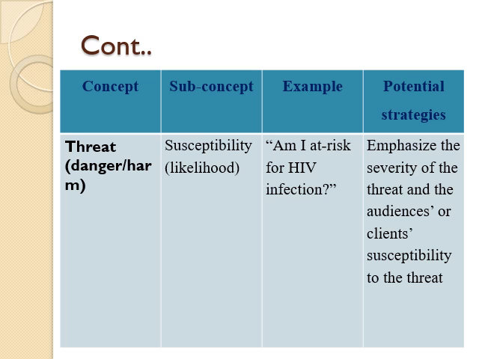Concept: threat, danger, harm. Subconcept: susceptibility, likelihood. Example: "I am at risk for HIV infection." Potential strategies: emphasize the severity of the threat and the audience's or clients' susceptibility to the threat.